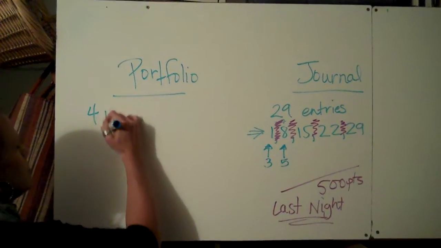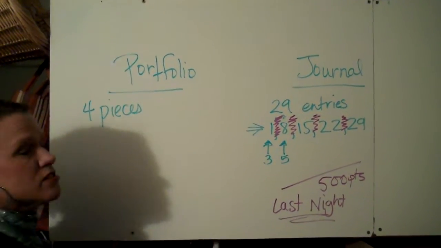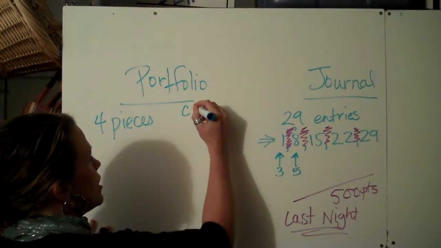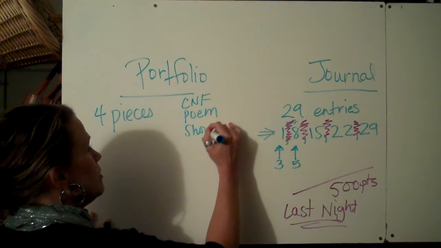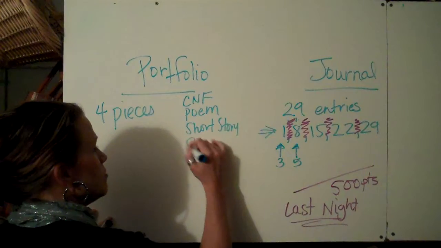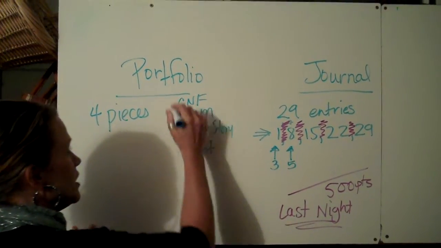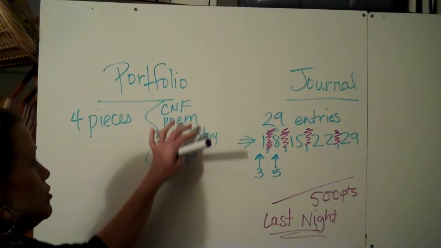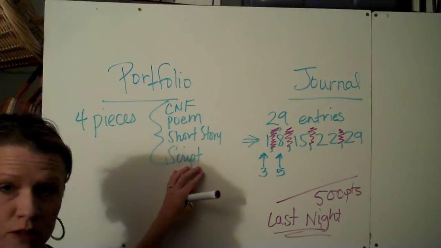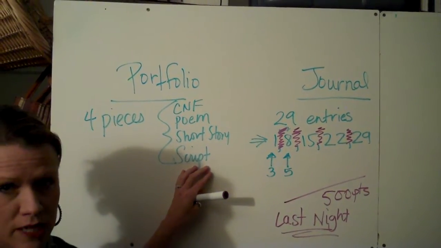Portfolio, on the other hand, goes like this. You have 4 pieces, written pieces that you're going to be working on. One is a creative nonfiction piece, one is a poem, one is a short story, and one is a script. Okay? Those 4. And when I say pieces, you do 3 drafts of this with some reflections and feedback in between.